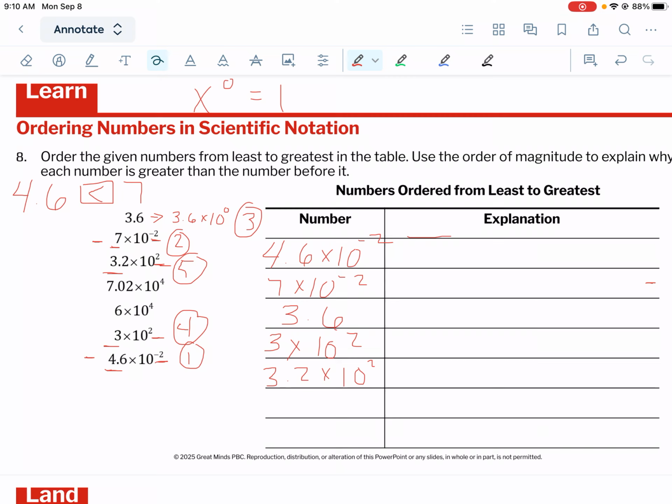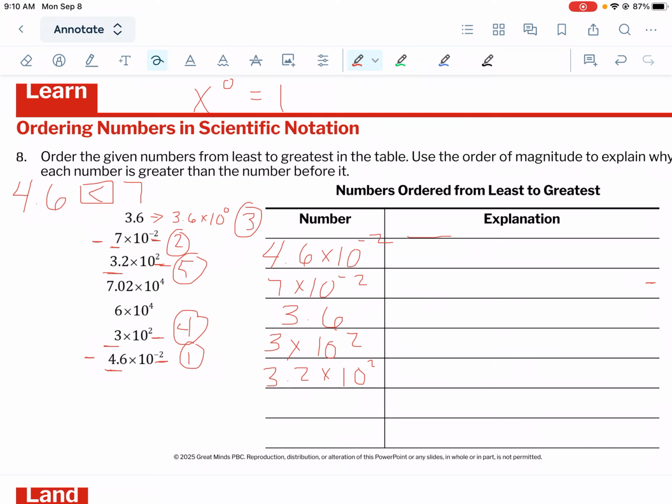Last 2. We don't have any powers of 10 cubed, meaning we don't have any numbers times 10 raised to the power of 3, so we're going to skip over it. But we do have a few numbers with the power of 4 raised over that 10. We have 7.02 times 10 to the power of 4, and we have 6 times 10 to the power of 4.